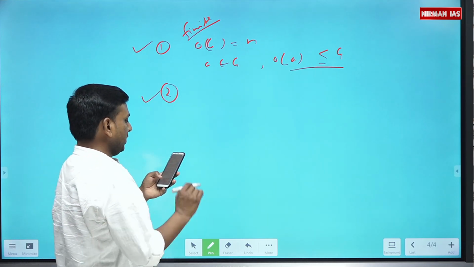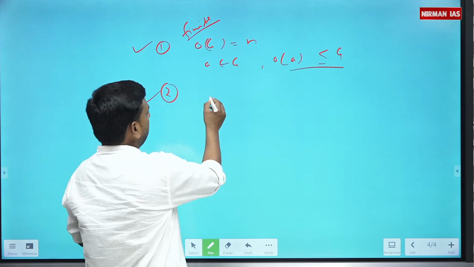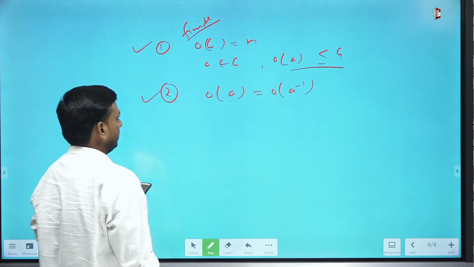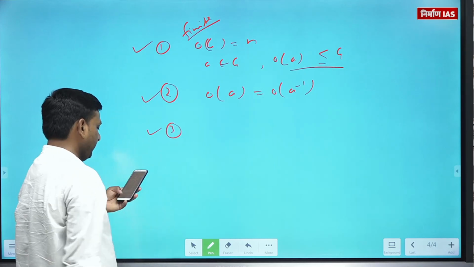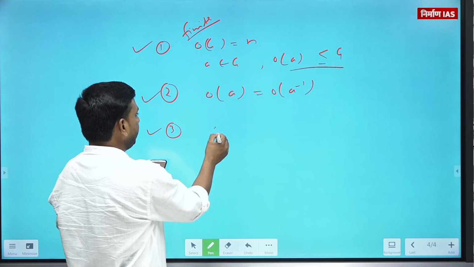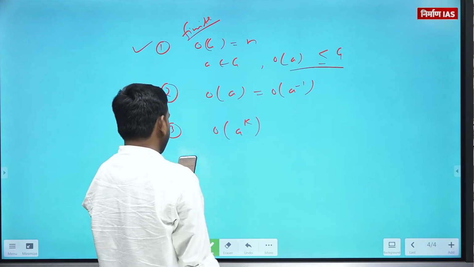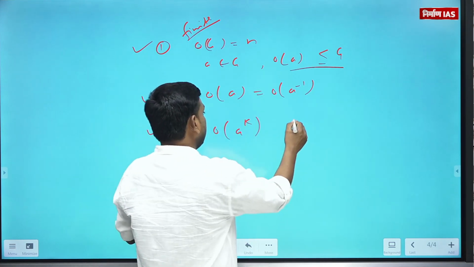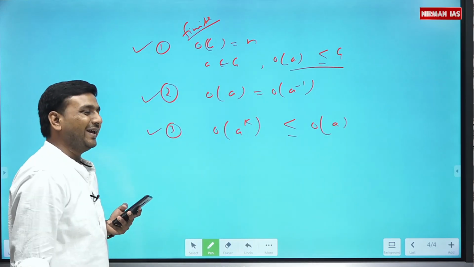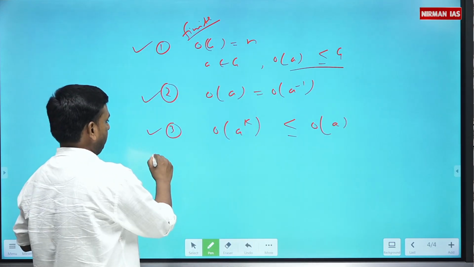Point 2, the order of an element of a group is the same as the order of its inverse. Point 3, the order of any integral power of an element a raised to the power k must be less than or equal to the order of a. Getting my point?